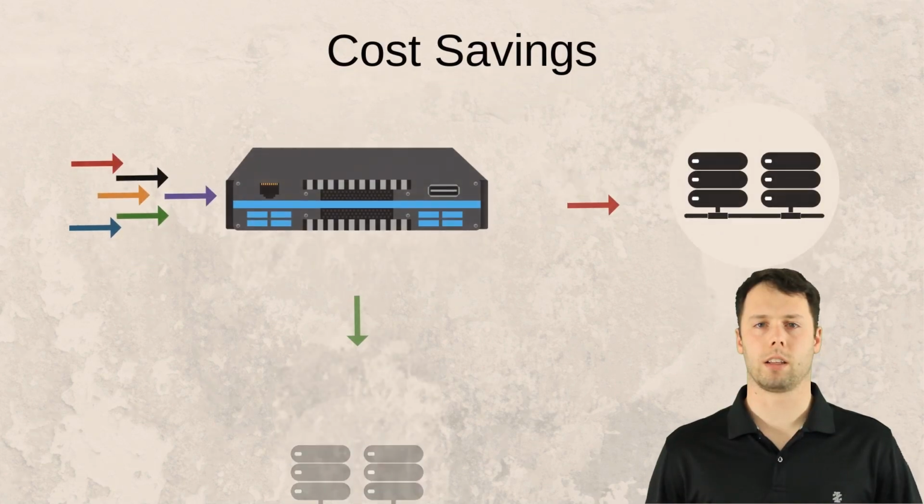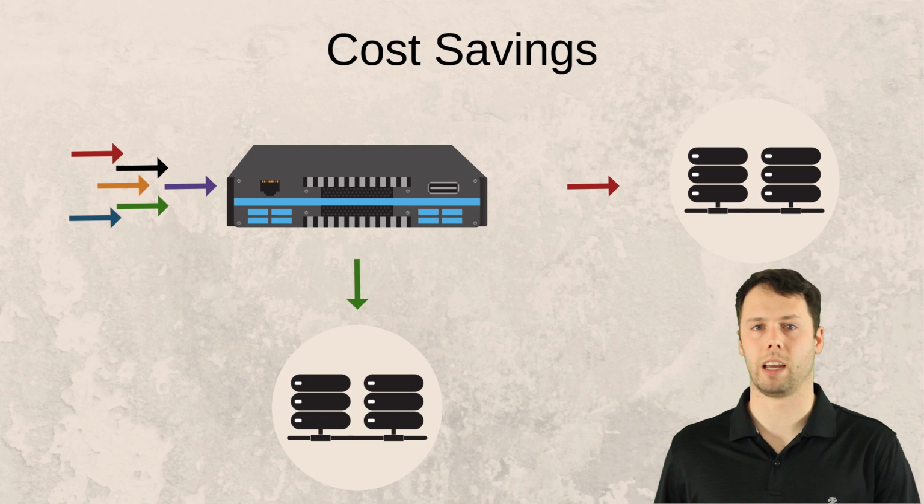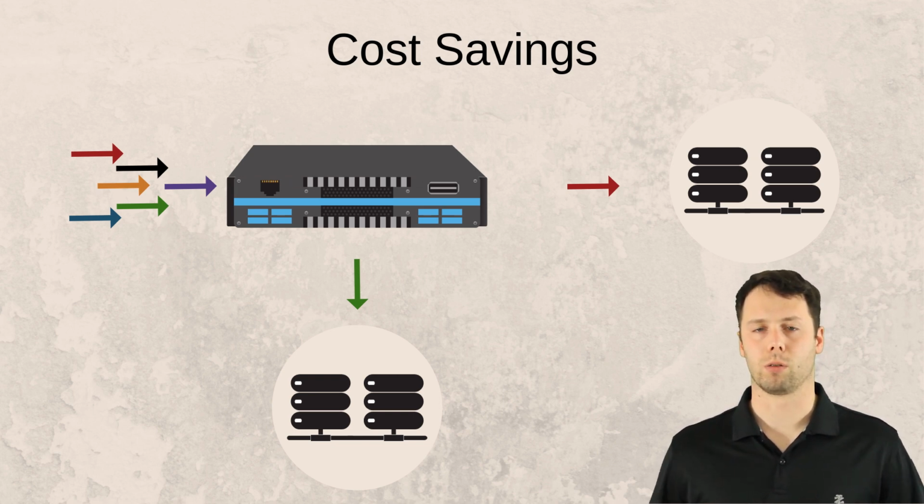So you can see on this slide how the diagram has changed. There's not as many arrows indicating the loss of data. It's actually Gigamon filtering out that data and just sending what's only needed to be analyzed by those tools. A lot of tools are charged based on the amount of data that's ingested.